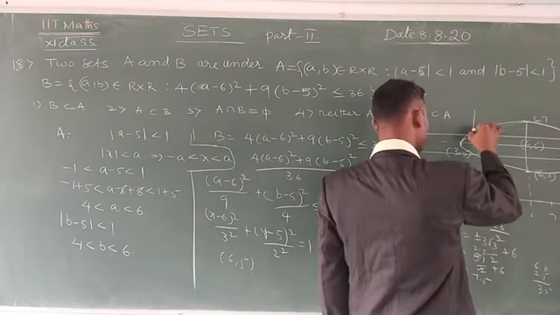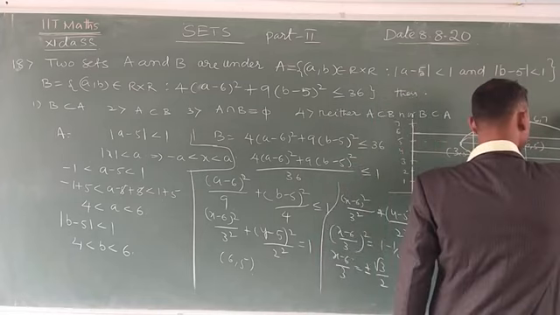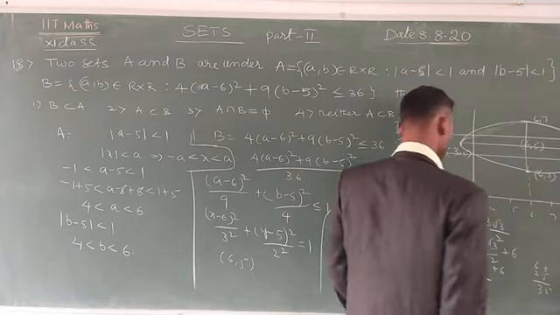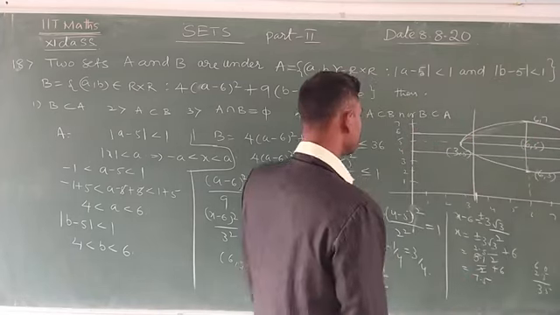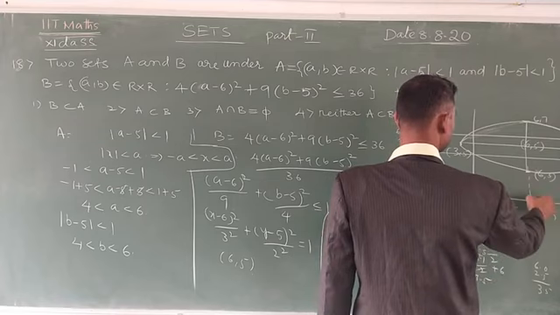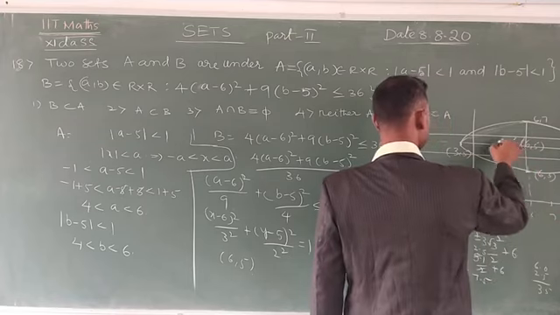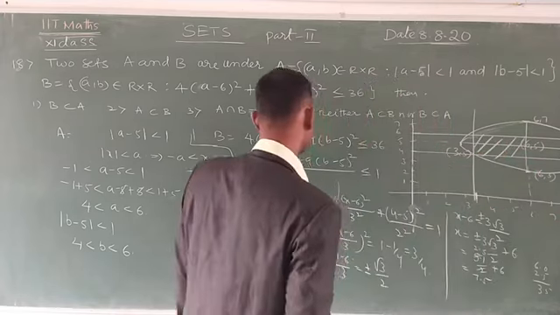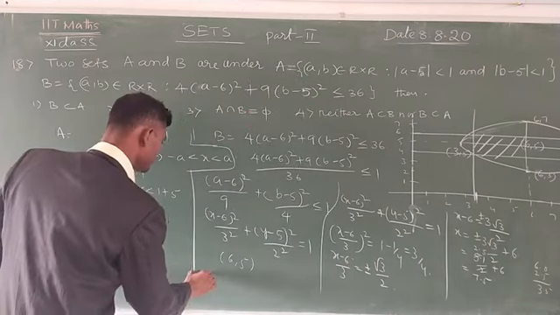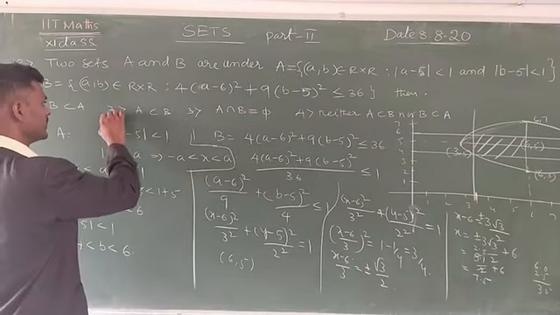Now you have to draw a line which is perpendicular. This is 7.5. Now see here, the set A lies between 4 and 6, and 4 and 6 is the common shaded area. That's why the answer is A is a subset of B.